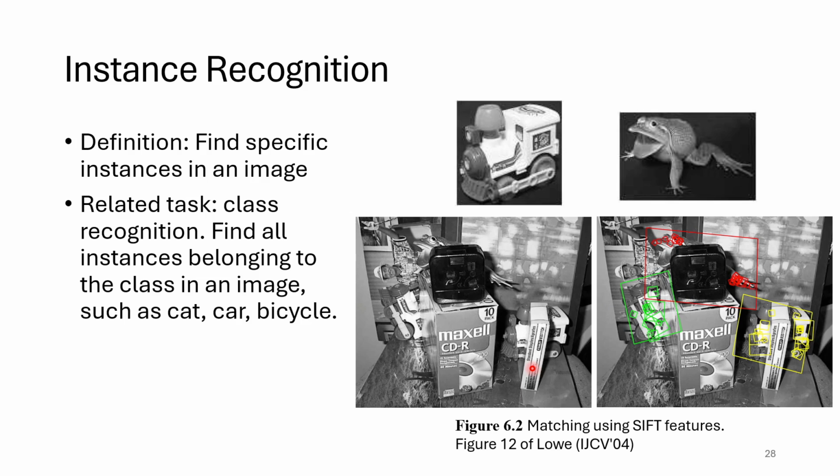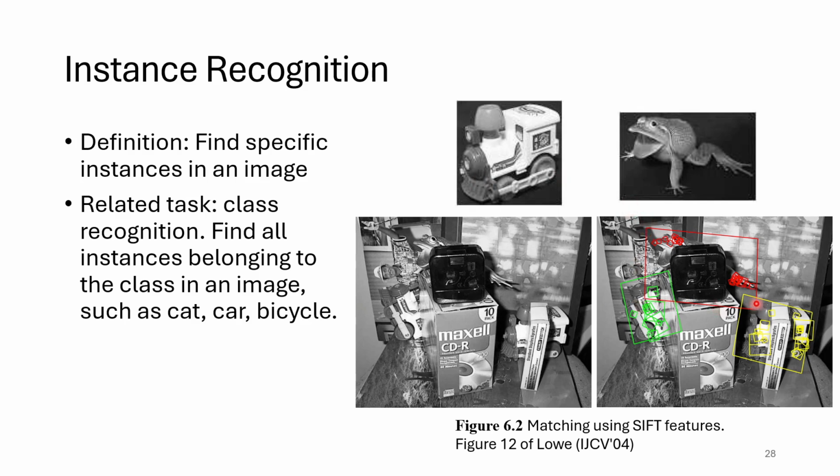So this is an example of instance recognition. What is instance recognition? See, this is a toy train and this is a toy flag. Can you find them in this image? It means find the exact instance in the image. Of course, the answer is here.